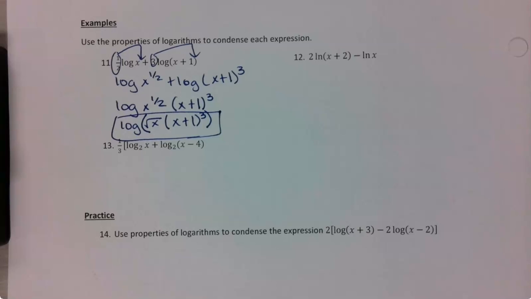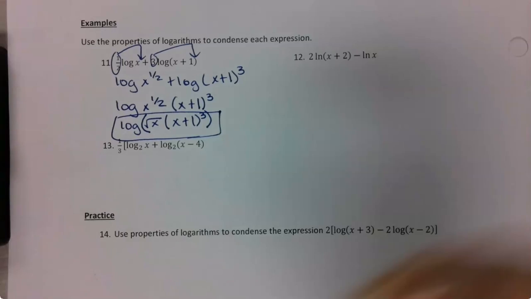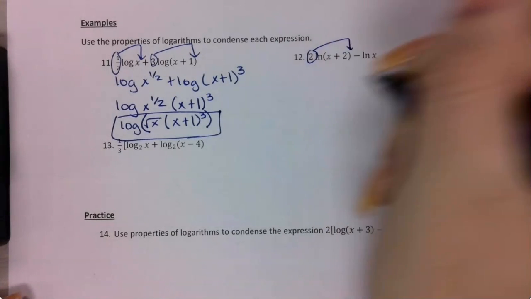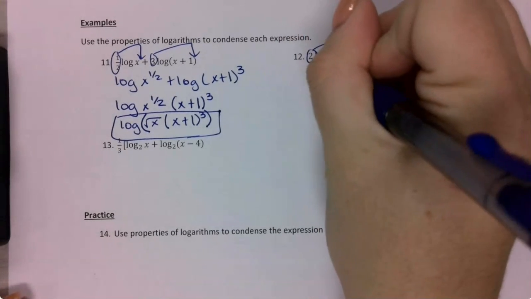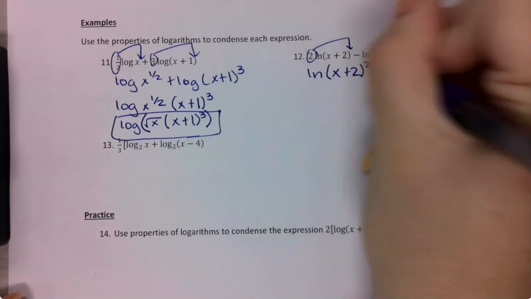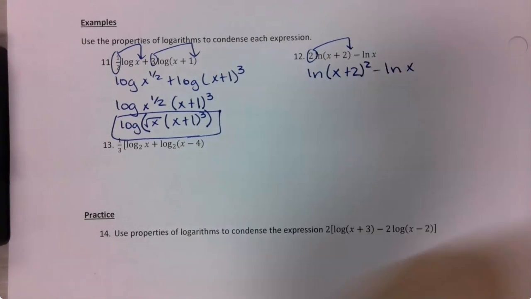Okay, so on number 12, what do I want to start off by doing? Okay, so that's going to become ln parentheses x plus 2 squared. And then minus that ln x.